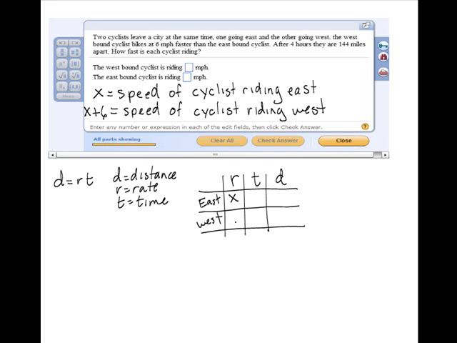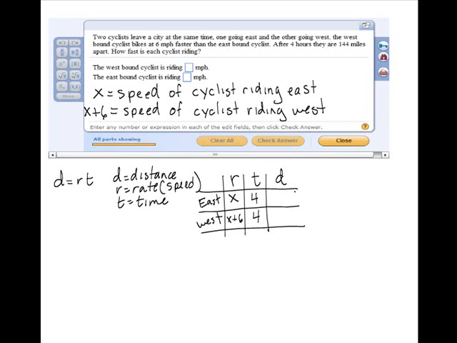The quantity for the rate of the west, which is the same as speed, by the way, is x plus 6. Okay, the times. Do they give you the times? Oh, after 4 hours. So the time of the east is 4. It's not total. After 4 hours, they are. So he goes 4 hours, the east and the west.